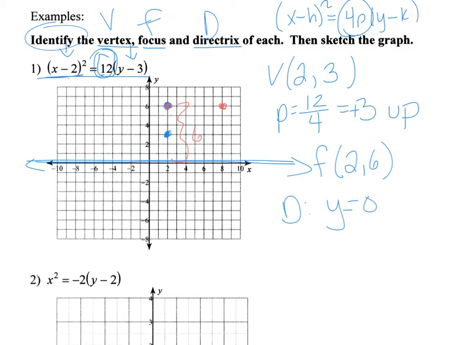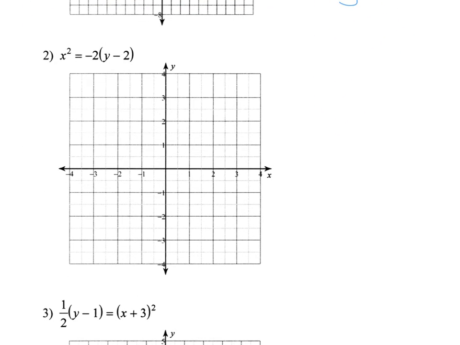And 6 the other way too. 1, 2, 3, 4, 5, 6. There's 2 points there because the distance from the focus to the directrix is 6, and the focus to the parabola has to be 6. So that's the easiest way to figure out 2 more points, and it just makes it a more accurate graph there.